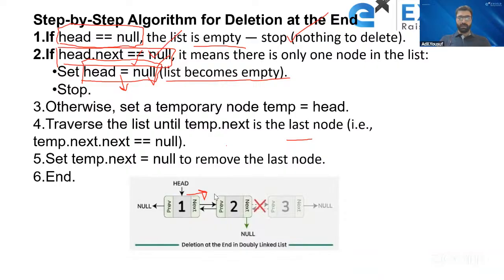So here I have to traverse until temp dot next is the last node, that is, temp dot next's next is equal to null. Till here I have to traverse. Then I have to set temp dot next equal to null.